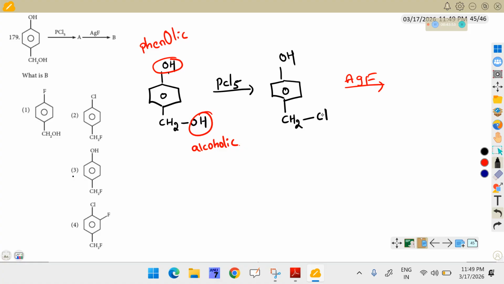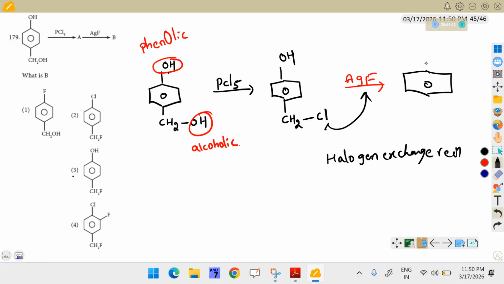Remove OH, substitute halogen. Further reacts with AgF. This is halogen exchange reaction. Halogen exchange reaction, exchange the halogen atoms. Then it gives OH, CH2, fluorine. So the correct option is the third option.